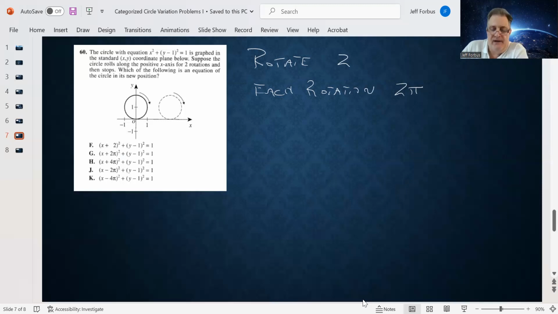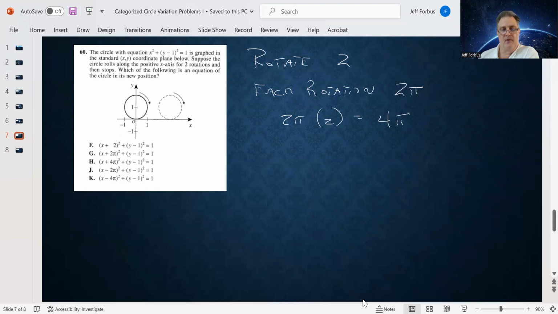So 2 pi is in radians, and you notice when you look at your answer choices, everything on the x is in radians, 2 pi, 4 pi, and so on. It's going to rotate twice, so in the x direction, we're going to go 2 pi times 2, which is 4 pi total in the x direction.